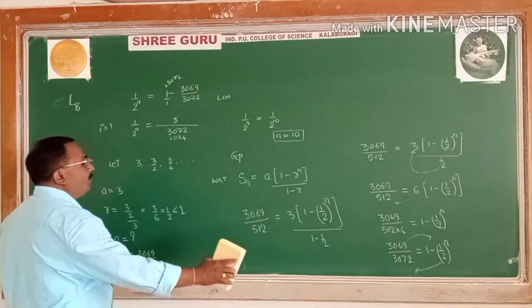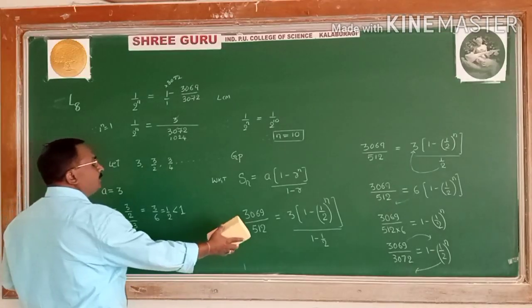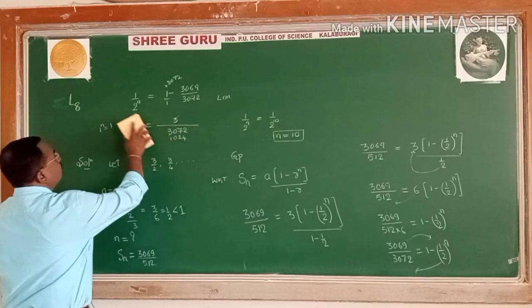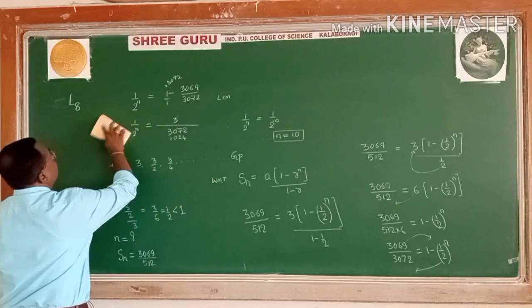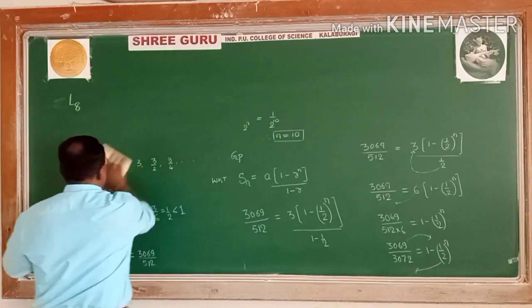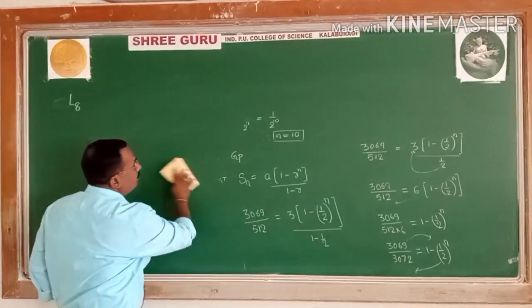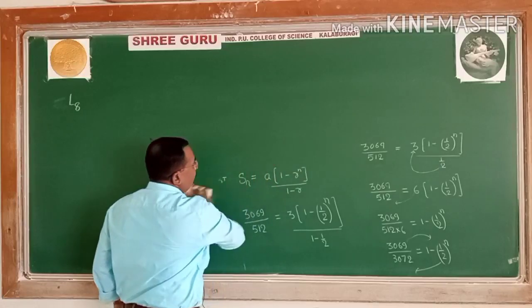Next that is in the form of what? Here 3 10 2 3. That is 3 by 2.